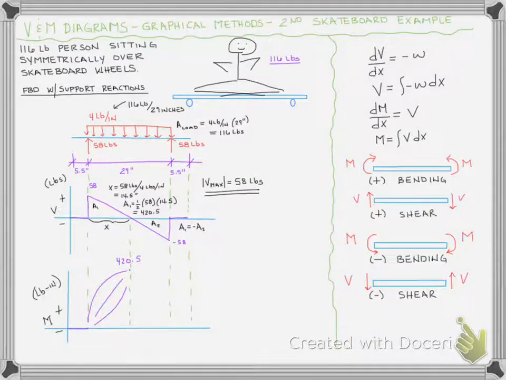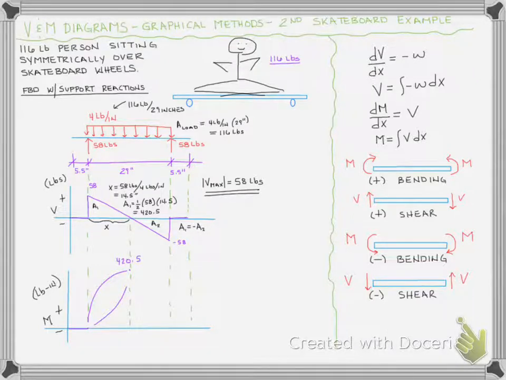So let's go back and look at the shear, because we know our slope is equal to the shear. For the slope to be constant, our load would have to be constant, and our load's not constant. So we can get rid of the linear. Our load is changing, so our shear is changing, so the slope of our moment diagram should be changing.